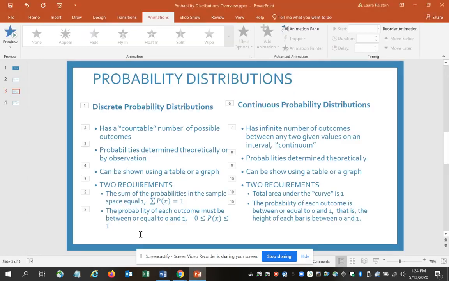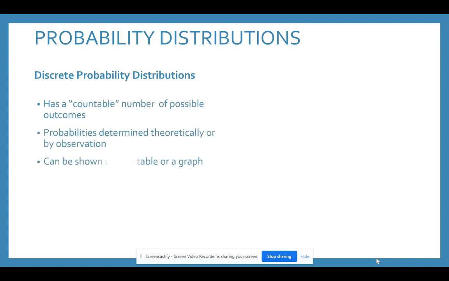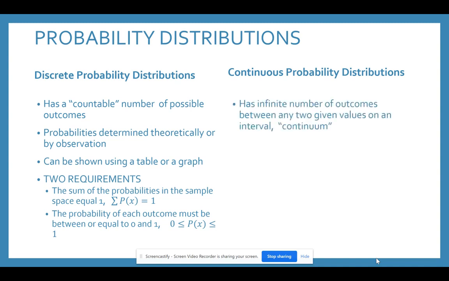The other category of probability distribution is called a continuous probability distribution. A continuous probability distribution has an infinite number of outcomes between any 2 given values on an interval.